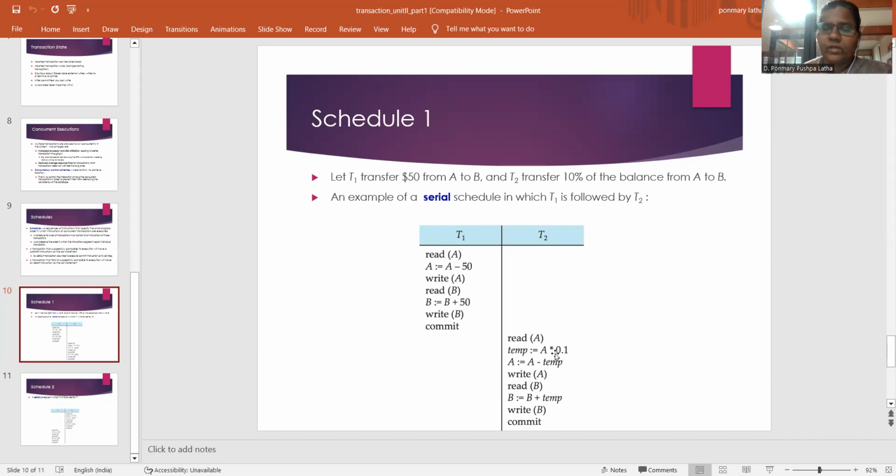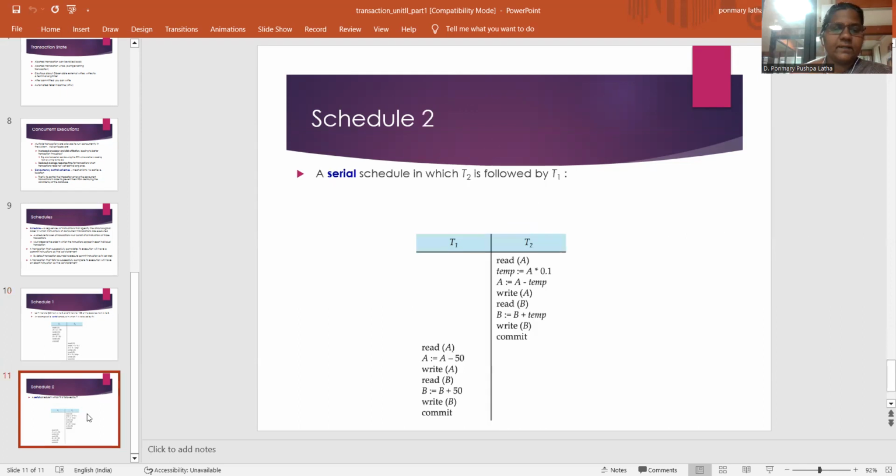We are subtracting it from A, giving A minus temp, and writing A. Now we are adding this temp value to B. After this we are committing. So here you see there are two things: $50 transferred from A to B, and 10% of the balance transferred from A to B. Once transaction T1 is completed, only then is transaction T2 completed. This is serializability.